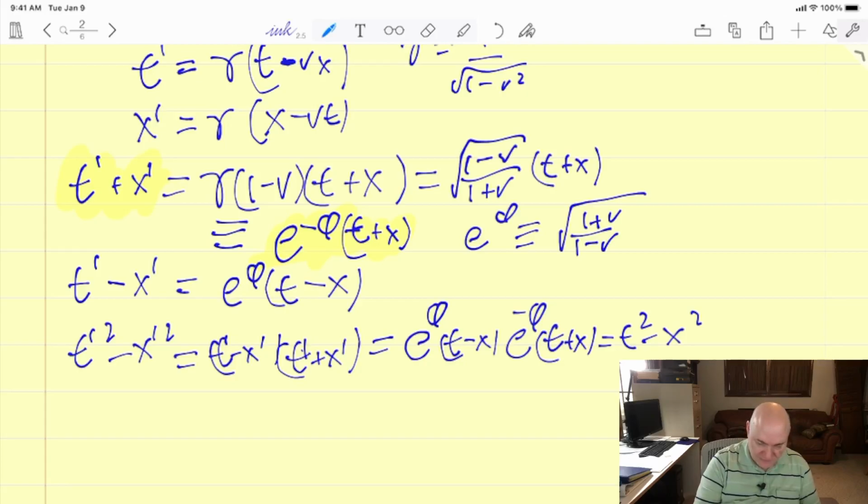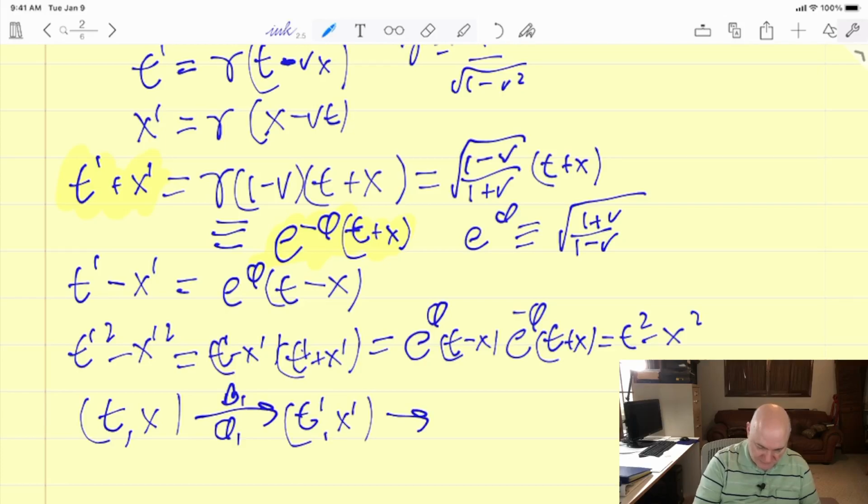And it's easy to show that the rapidity parameters add. If we have t comma x, I'm leaving out the y and z, they always go for a ride, under a boost B1 with parameter phi1 goes to t prime x prime, then under a boost B2 with parameter phi2, that goes to t double prime x double prime.